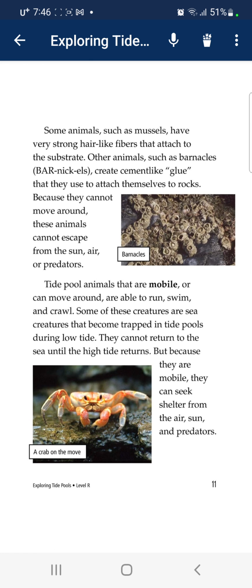They cannot return to the sea until the high tide returns. But because they're mobile, they can seek shelter from the air, sun, and predators.